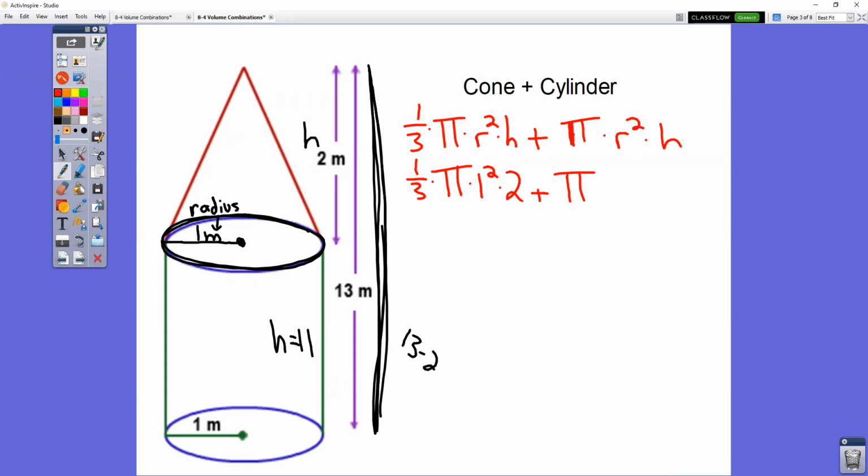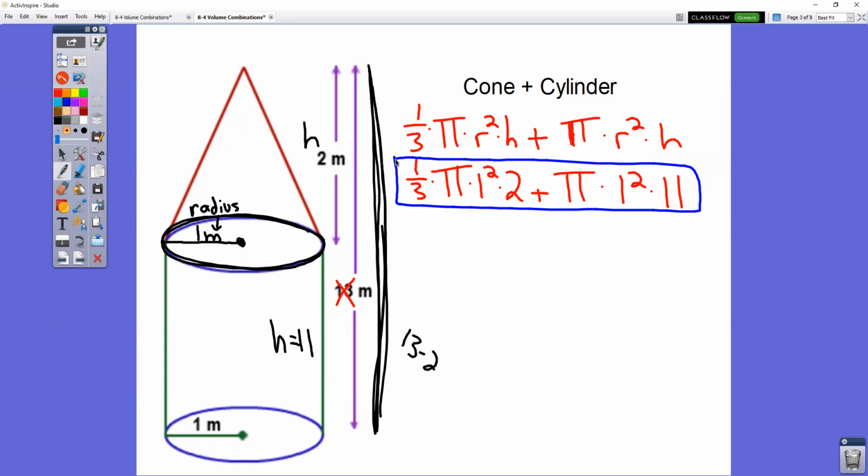Our radius of our cylinder, whether you look at the top or the bottom, is 1. And then the height of the cylinder is 11. Make sure that you don't use that 13. Remember that 13 was our cone and our cylinder all together. We really don't use that 13 in our calculations at all. So you're going to type this big long thing right into the calculator all at once.